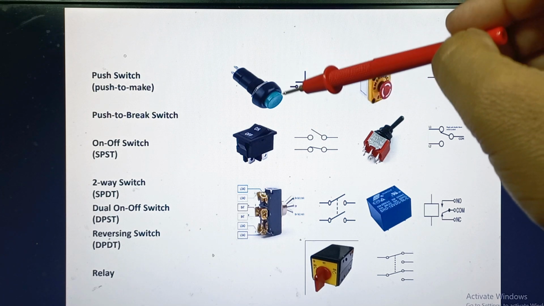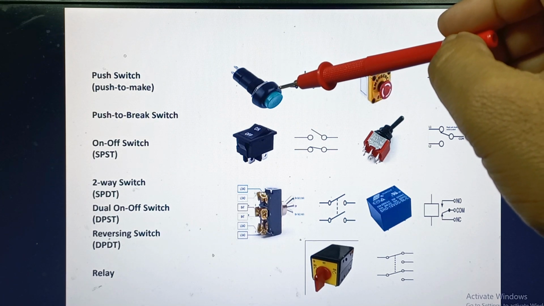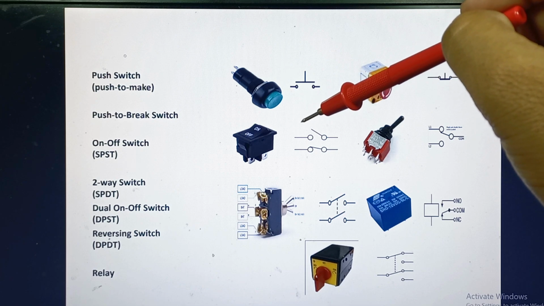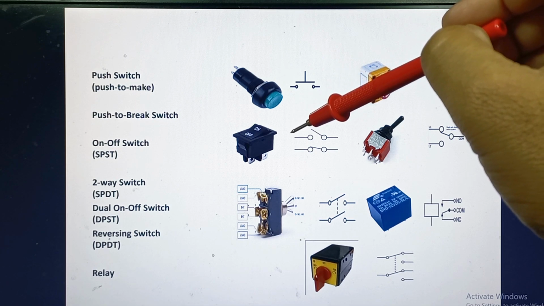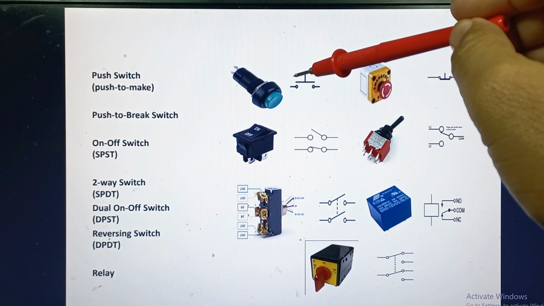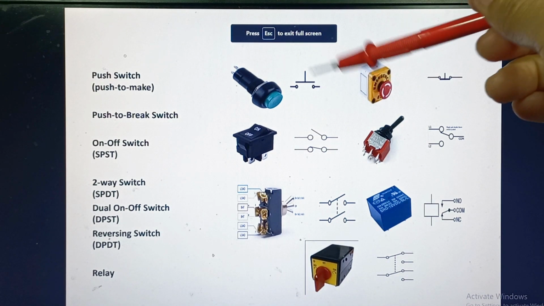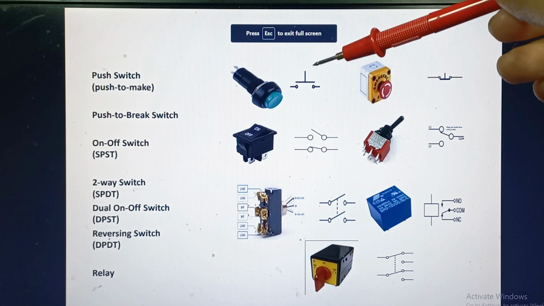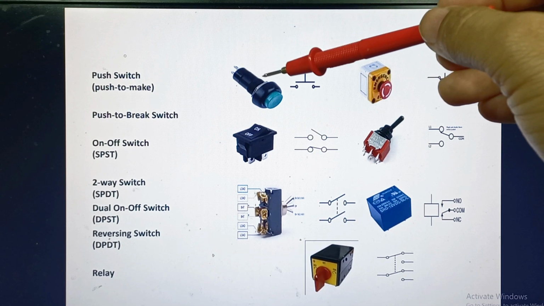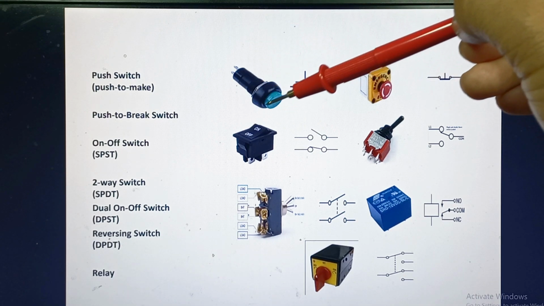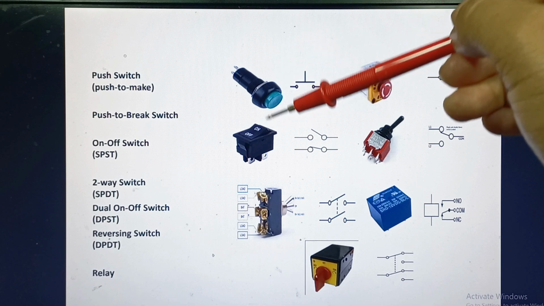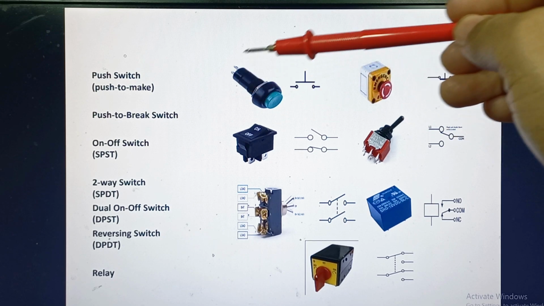Pole refers to the number of circuits controlled by the switch. Single pole switches control only one electrical circuit, whereas double pole switches control two independent circuits. ST stands for single throw.